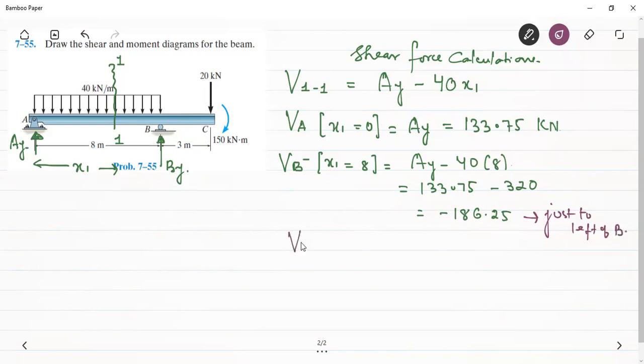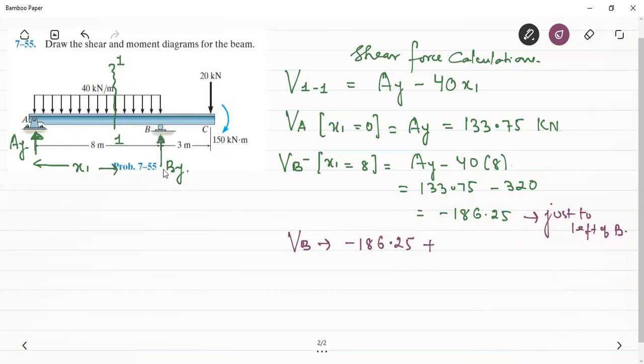Now what will happen exactly at B? The shear force will be equal to minus 186.25. You can see that at B, the shear force suddenly changes due to this reaction in the upward direction, and this has to be taken as positive, because we are moving from left to right, so upward forces are taken as positive while downward forces are taken as negative.